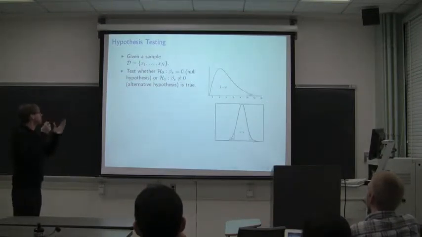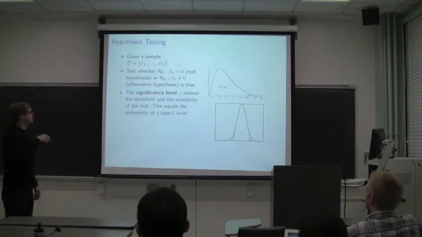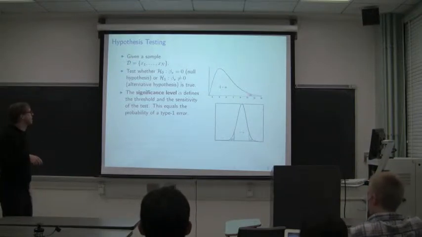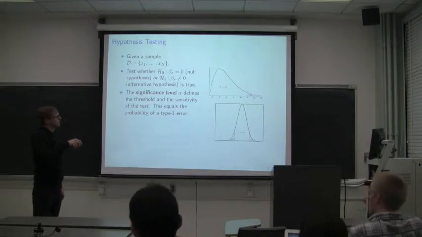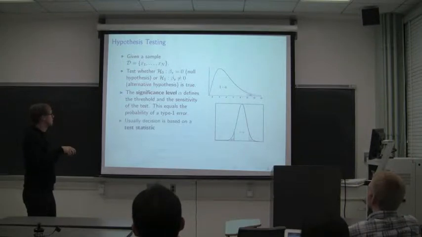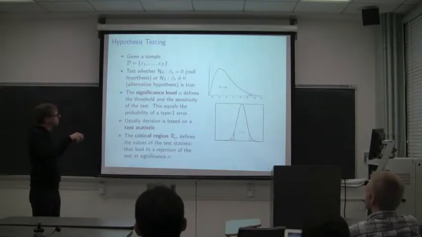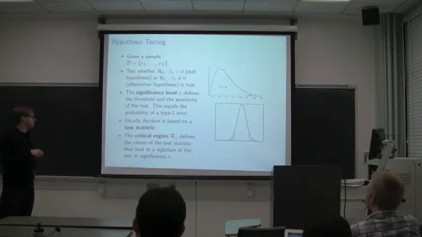In order to do such testing, we also need a significance level alpha. The significance level alpha defines a region in the probability distribution over the test statistic under the null distribution, where we say, okay, if we observe a test statistic in that region, which we call the critical region, then the test is significant.